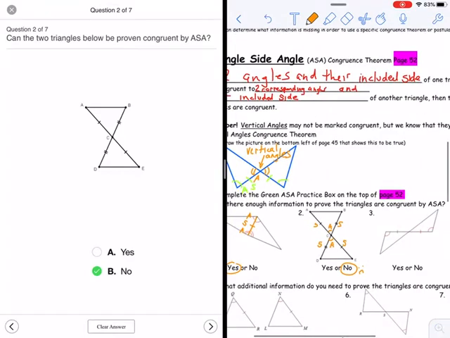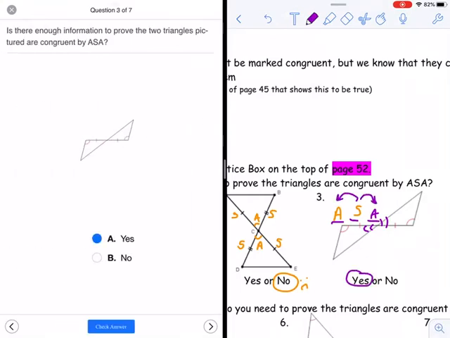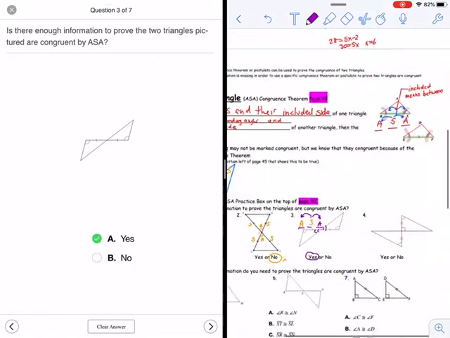All right. Here we have an angle, we have a side. What else do I know? I'm not sure. Psych. I know that this is also an angle because we have vertical angles. So again, we have the angle, side, angle. This side is included. It's between both angles, just how the S is between both A's. So the answer is yes. Sweet.